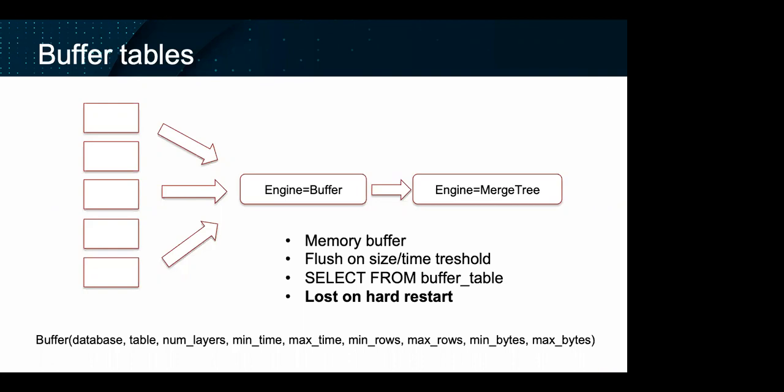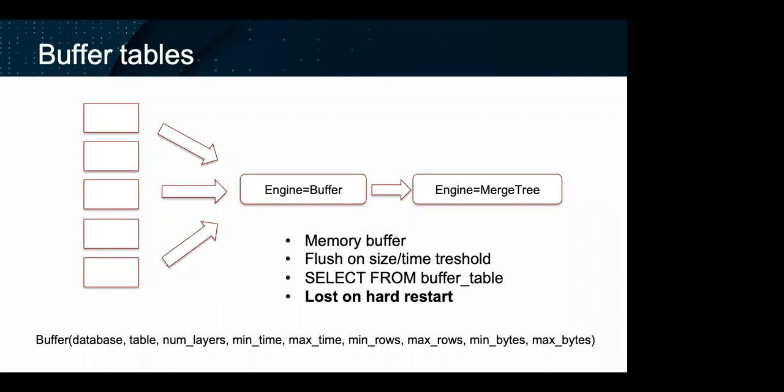On the query side, you can query data from the destination table, but this data wouldn't contain your most recently inserted data in the buffer. Contrary, if you query from the buffer table, then ClickHouse would automatically merge data both from the buffer and from the destination table, and you will have the full data with the most recent data included.